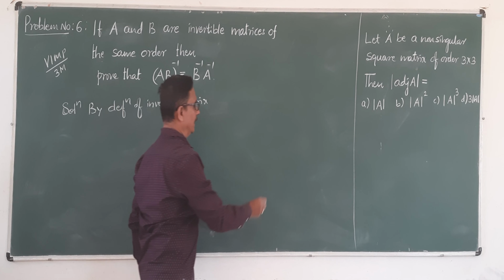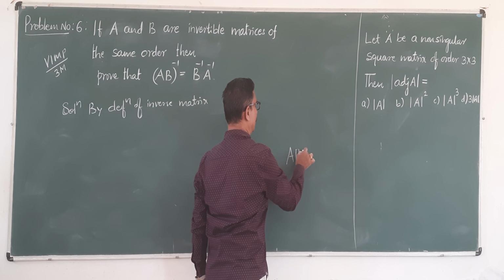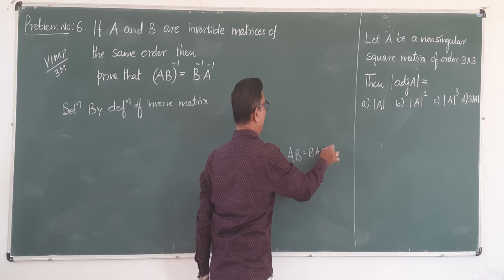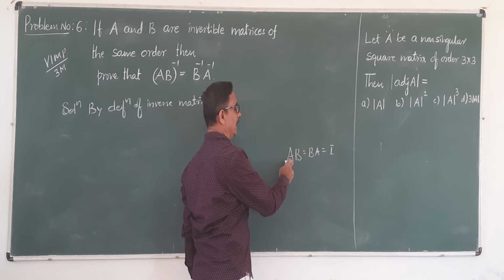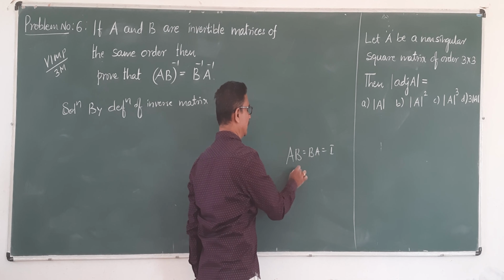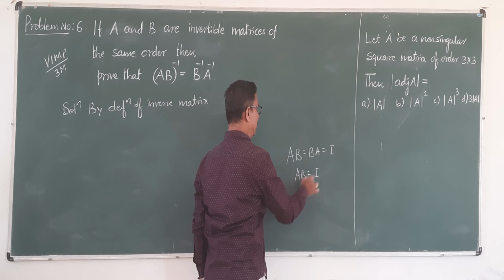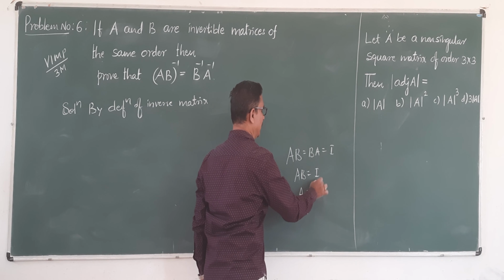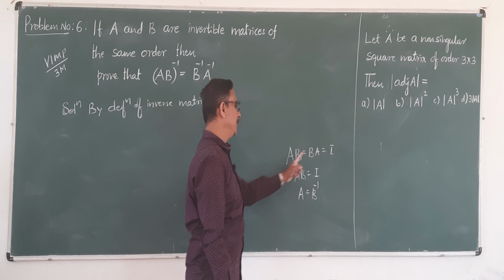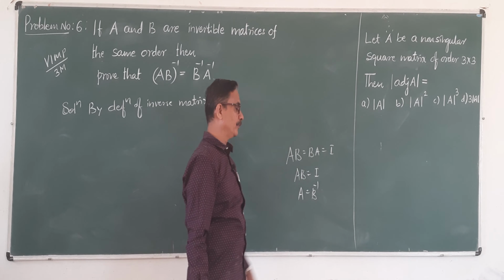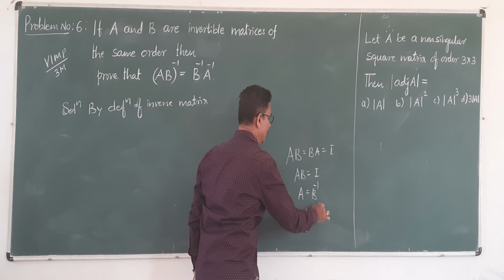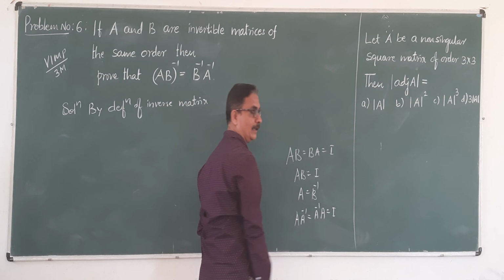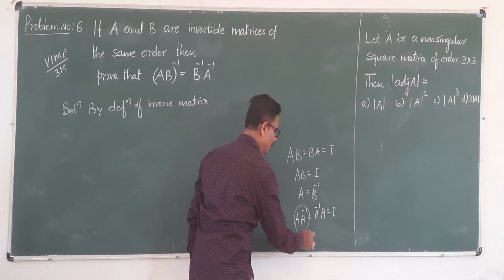See, you know that AB is equal to BA is equal to I. If this condition is satisfied, then A and B are called inverses of each other. That is AB is equal to I means A is the inverse of B, A is equal to B inverse. BA is equal to I means B is the inverse of A. Note that A into A inverse is the same as A inverse into A is equal to I. That is A into A inverse is equal to I.